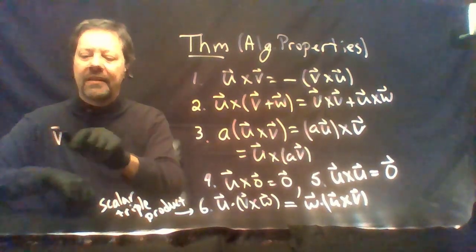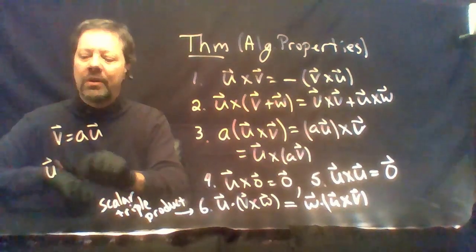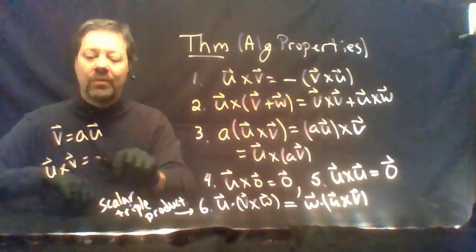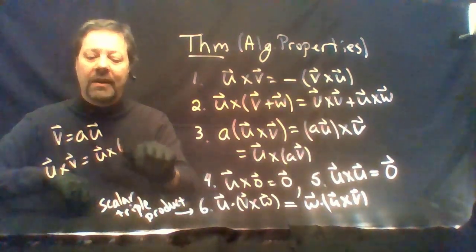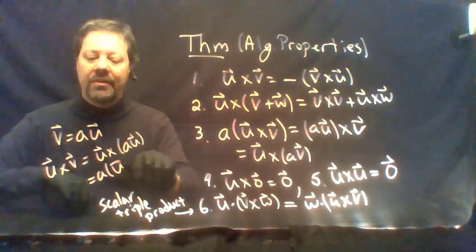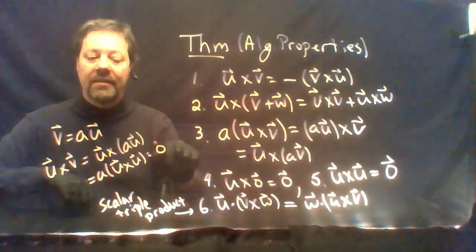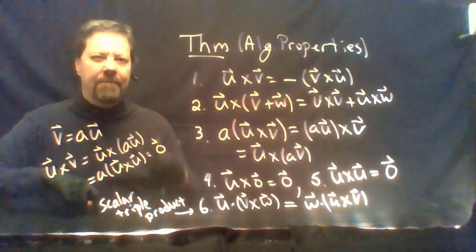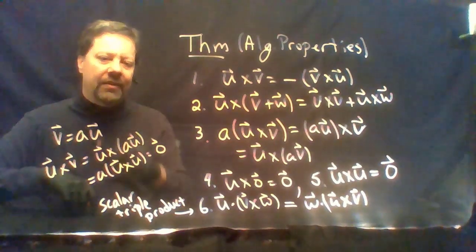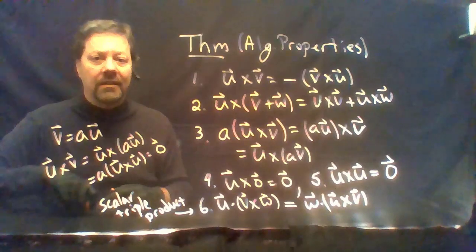So if v is a scalar times u, then u cross v will be u cross a times u, which is a times u cross u, and we know that's the zero vector. So you end up with the zero vector. If two vectors are parallel, their cross product will be the zero vector.